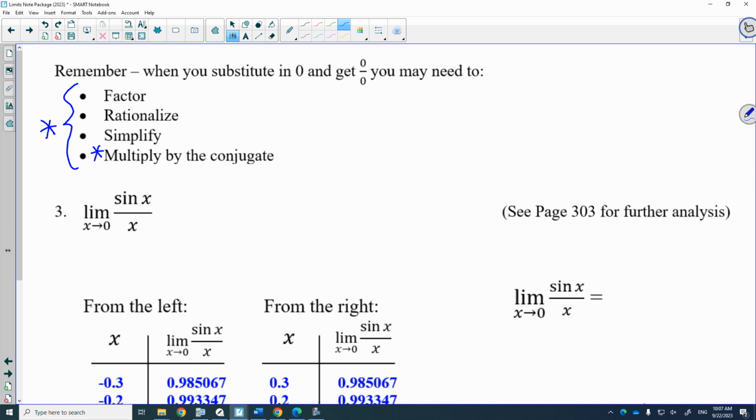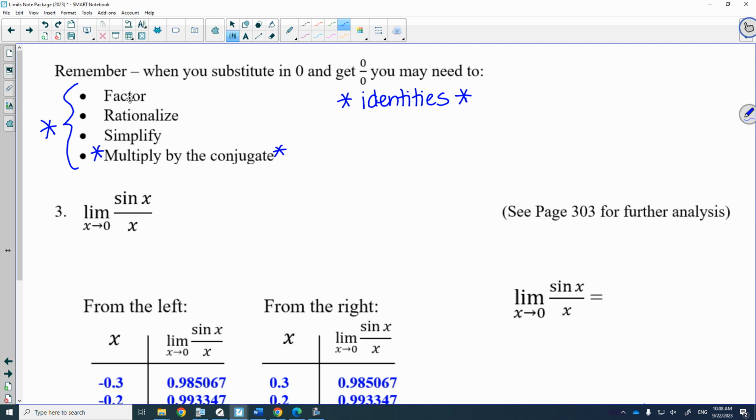Multiplying by the conjugate is going to be a big one in trig. And another one we have to think of now for trig is our identities. We might need to swap out with a Pythagorean identity so that we're able to factor. And then from there, we could cancel so that it will no longer be indeterminate.